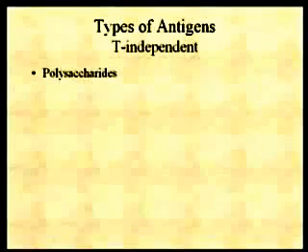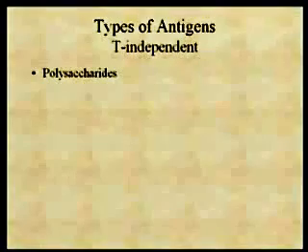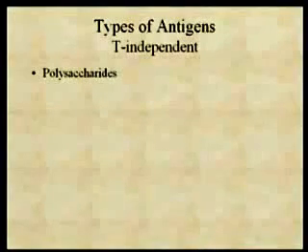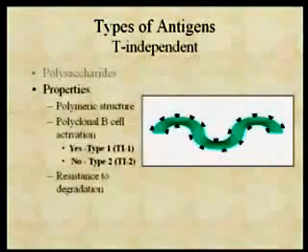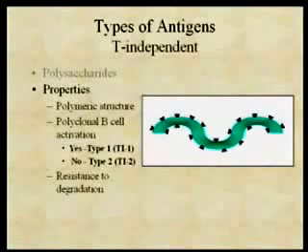T-independent antigens are the polysaccharides. Polysaccharides are T-independent antigens. Okay? And they have a unique structure. These antigens are characterized by the presence of many copies of one or just a few different antigenic determinants. So in this little cartoon, the black is to indicate an antigenic determinant or an epitope.